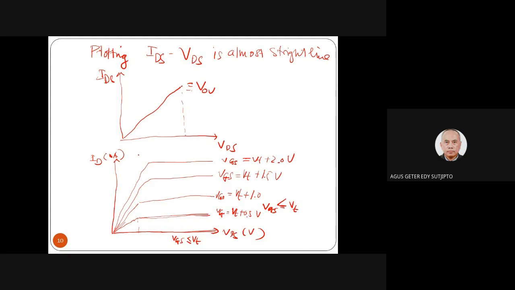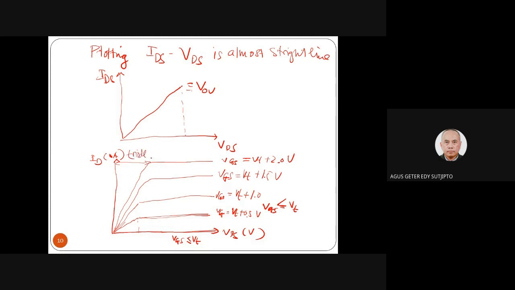When we operate the transistor in the linear region, we call this triode mode, as we had last time. So in this case, we have a triode.